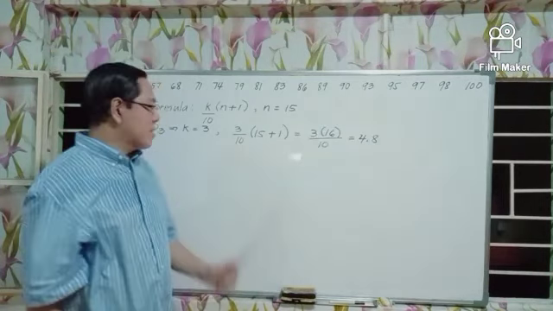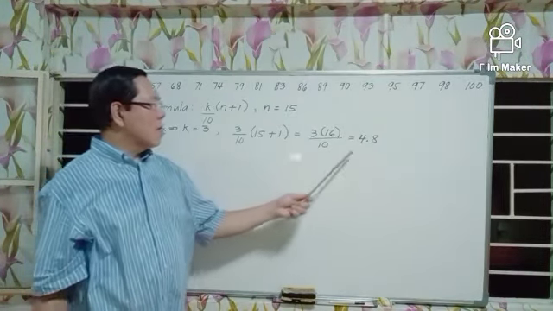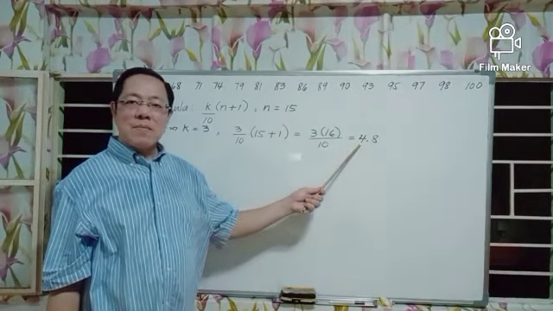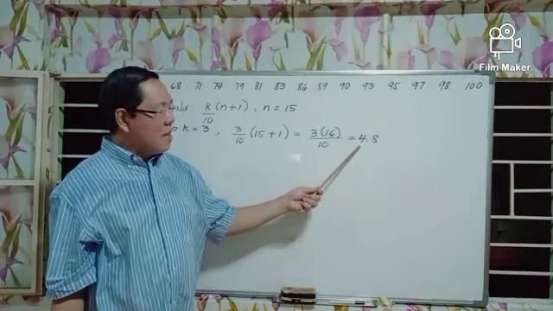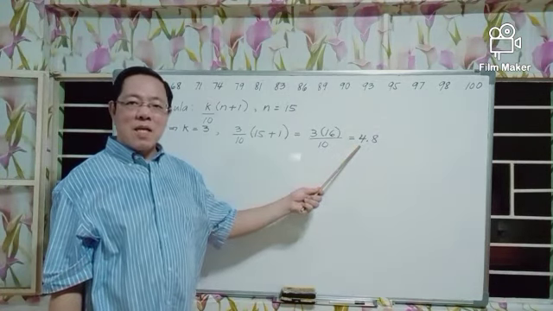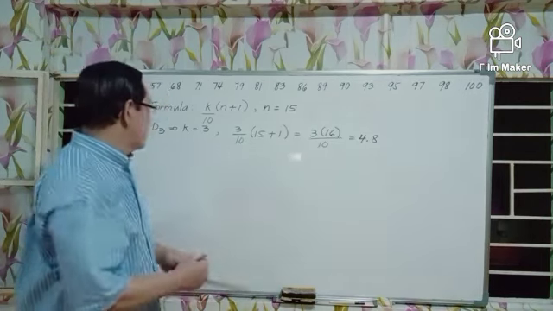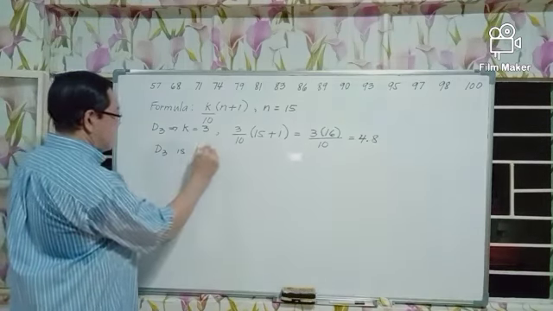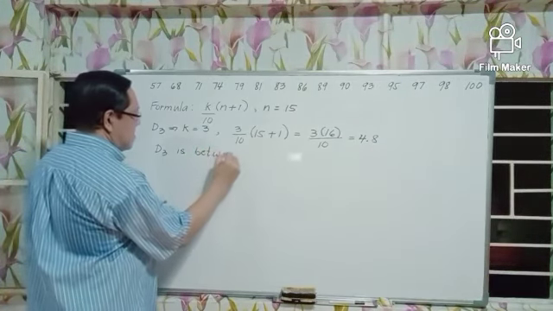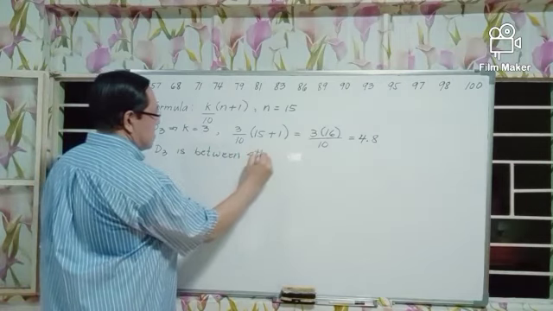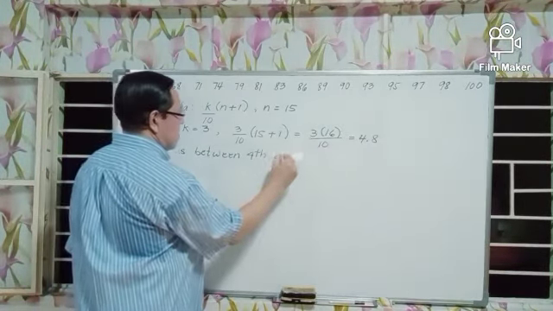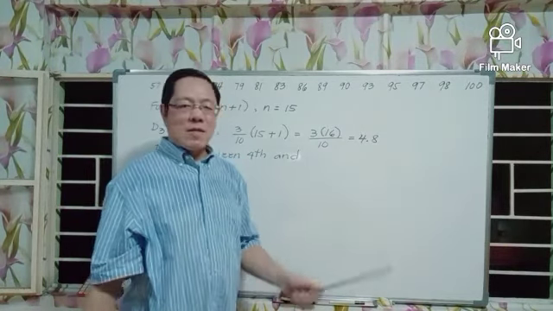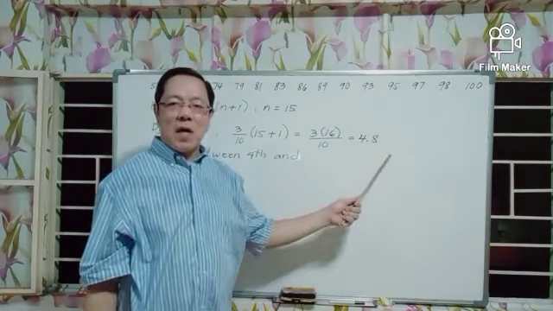4.8 means that the third decile is between the fourth and the fifth value. The largest integer that is less than 4.8 is 4, and the smallest integer that is greater than 4.8 is 5.